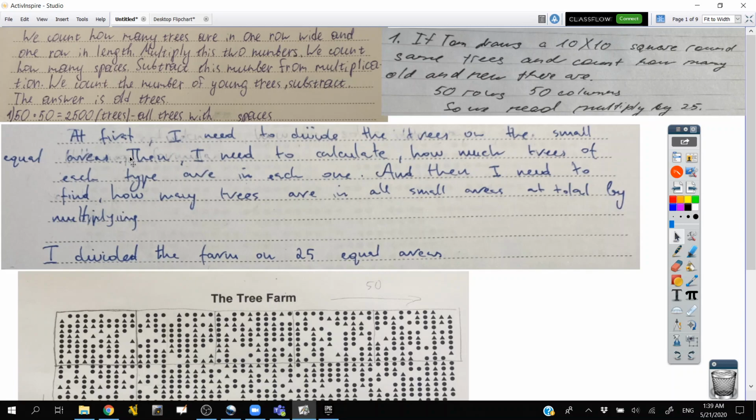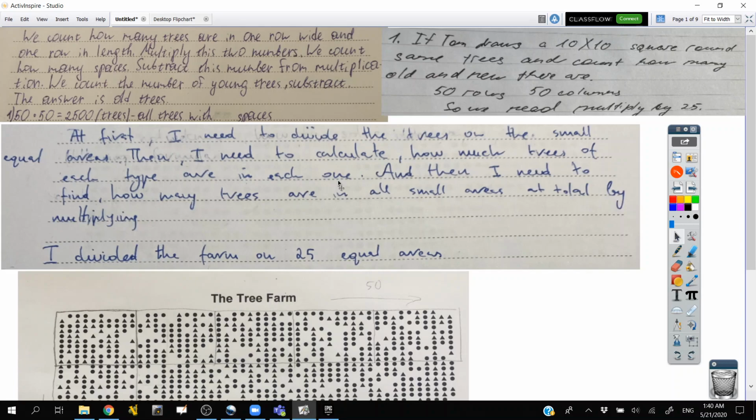This last person had a really good description. I like this a lot because they didn't get caught in specifically 10 by 10 and 50 by 50. They in general said, at first, you divide the trees into small equal areas. Then you need to calculate how many trees of each type are in each area. And then you need to find how many trees are in all the small areas total by multiplying.